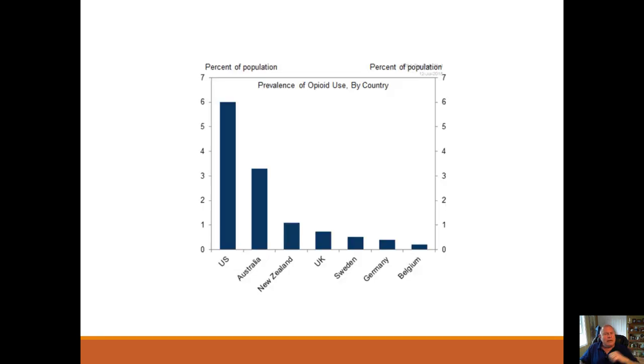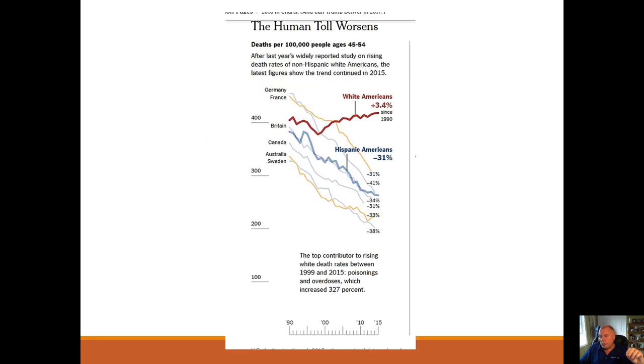Let's look at another piece of this, which is opiate use. If you look at 6% of the U.S. population uses opiates, okay? But when we look at some of the other developed countries, we don't see that high of a usage. So that stands out. We're different. We spend money on healthcare, but yet we still have this opiate use.